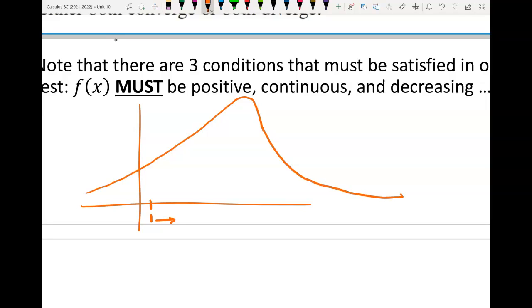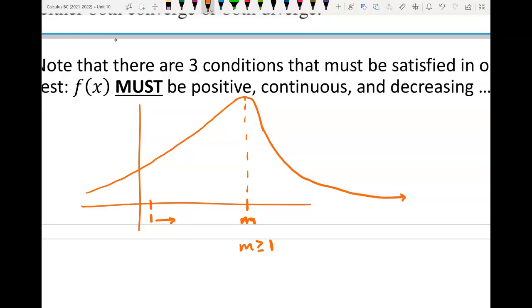I could have some value, call it m, that m has to be greater than or equal to 1, and as long as all the x values beyond that to infinity give a decreasing function, then we can apply the test.